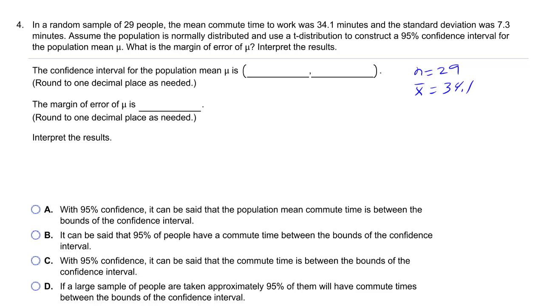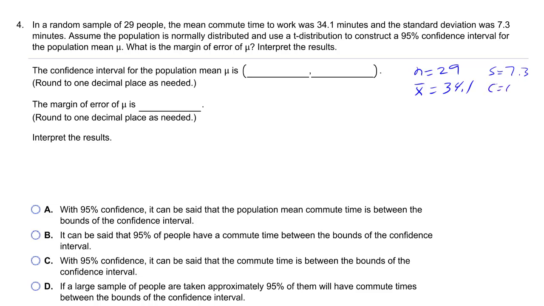And the standard deviation was 7.3 minutes. That's the standard deviation coming from this sample. So we have s as 7.3. Assume the population is normally distributed. Good, that means we can do this. Use a t-distribution to construct a 95% confidence interval.